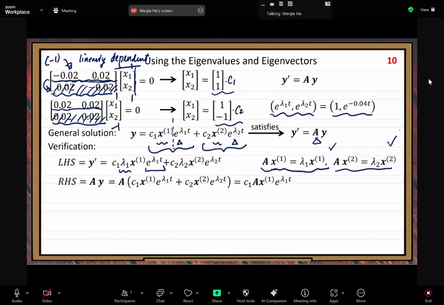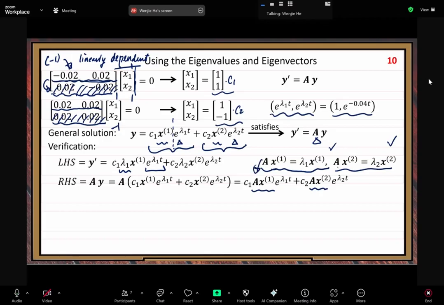C1 is a scalar, so you can put it in front of the matrix multiplication. A times a scalar, you can move the scalar to the front. The second one, C2, you can also move to the front. Then this time you need to apply these two equations.